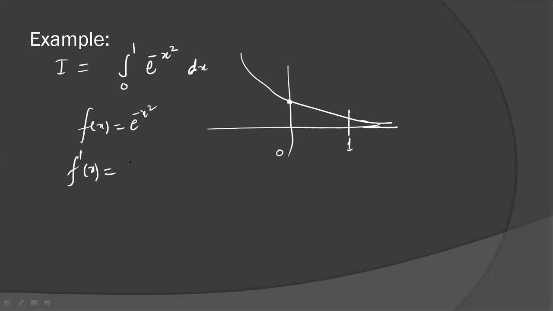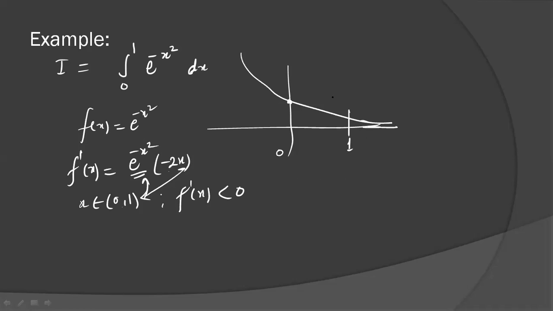If you take the derivative, it will be e to the power minus x square into minus 2x. And when x belongs to 0 to 1, f dash x is less than 0. You can see that e to the power minus x square is always positive and x is between 0 to 1, so due to the minus 2, its derivative is less than 0. It means the function is strictly decreasing.